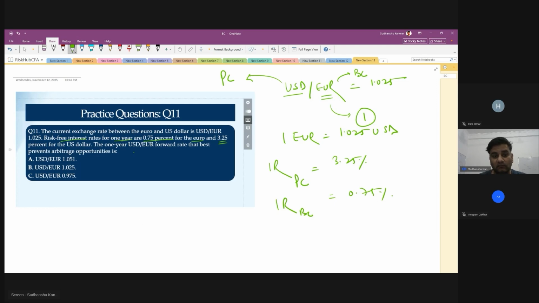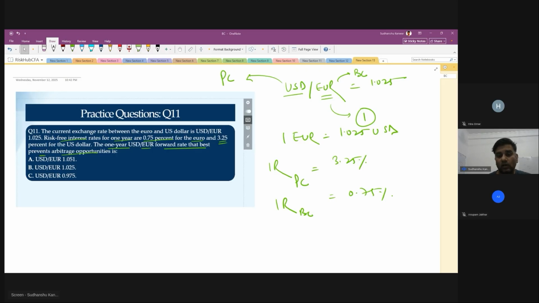The 1 year USD by euro forward rate that best prevents arbitrage opportunity. So we want to know what is that particular rate which prevents arbitrage.